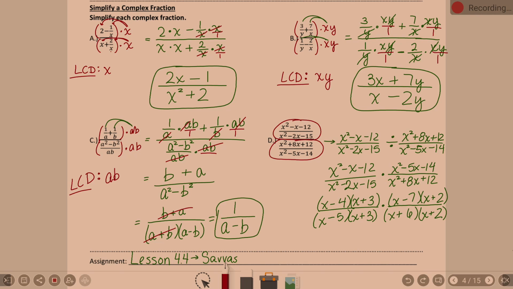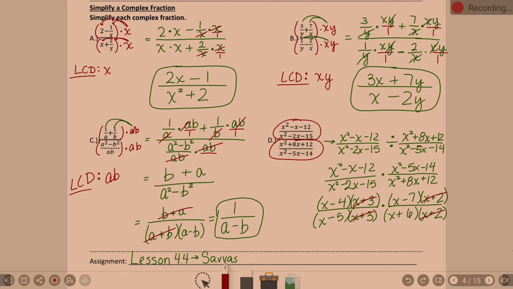One piece on top can cancel with one piece on bottom. What cancels? X plus 3's cancel. X plus 2's cancel. Anybody else cancel? Okay. And keep in mind, you can go straight up and down or you can go diagonals.